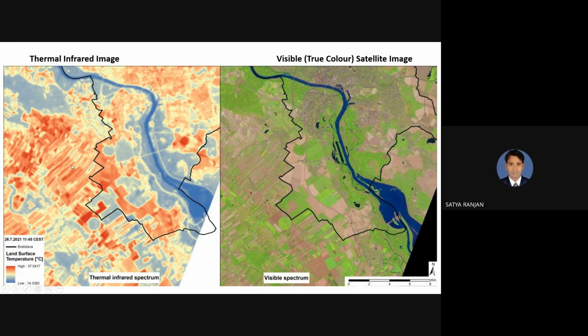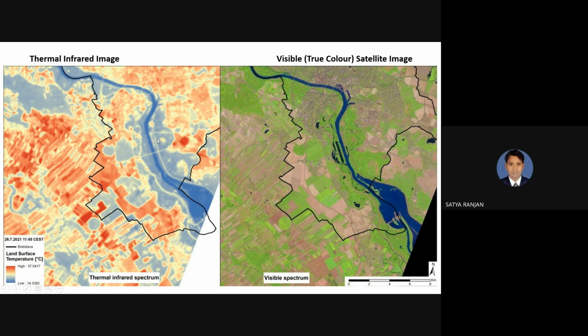Based on the available data at that time, in the true color satellite image, this is the urban area. Then there is a river, the blue color river. Then the green patches are agricultural land which is currently cultivated, and some forest areas and some fallow lands are there. This is the situation of this land. Generally, temperature is very low in water body areas, so the low temperature shows in blue color.